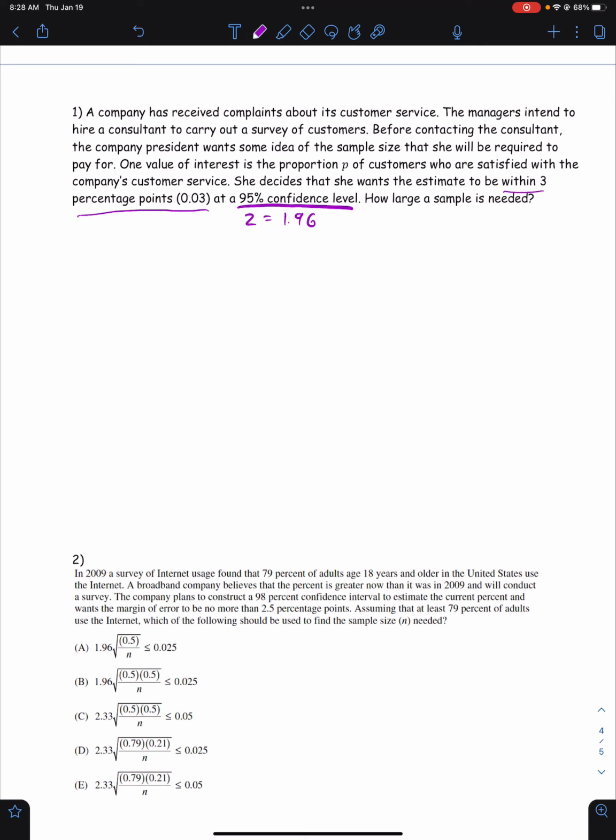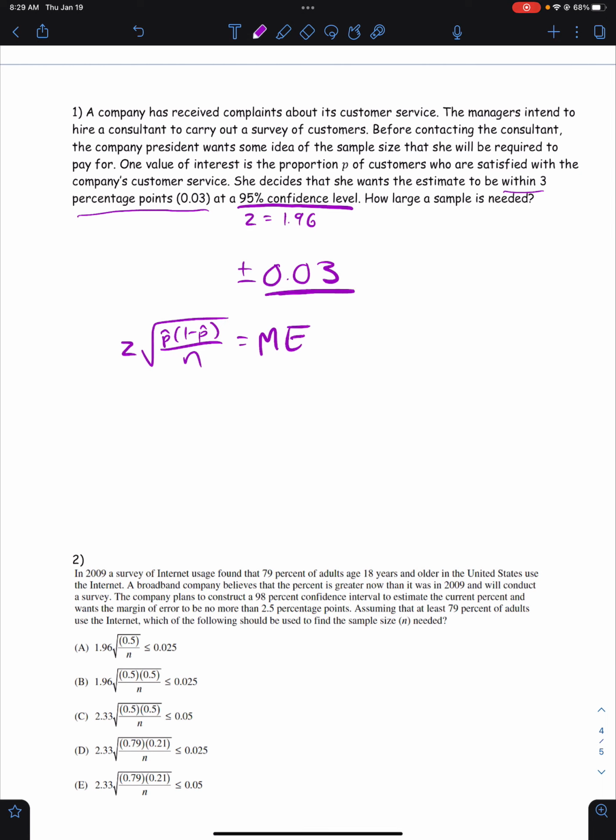So that means plus or minus 0.03 or less would be nice. So our margin of error we want to obtain is 0.03 or less. So we're going to have our margin of error formula. Remember, it's z times the square root of p hat times 1 minus p hat all over n. And that is our margin of error.